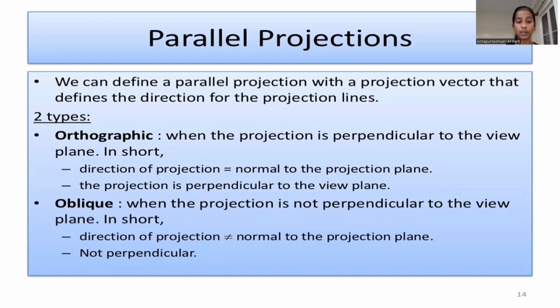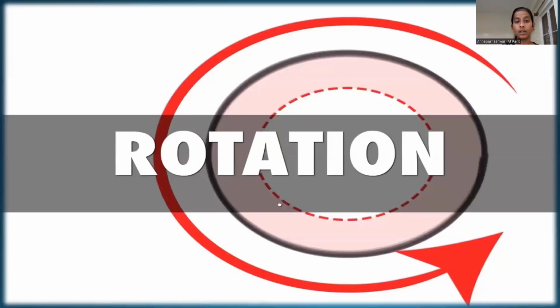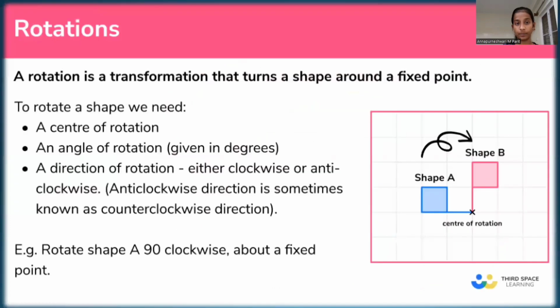And in the oblique projection, the direction of projection is not equal to the normal to the projection plane. In the orthographic projection, the projection is perpendicular to the view plane, whereas in the oblique, it is not perpendicular.